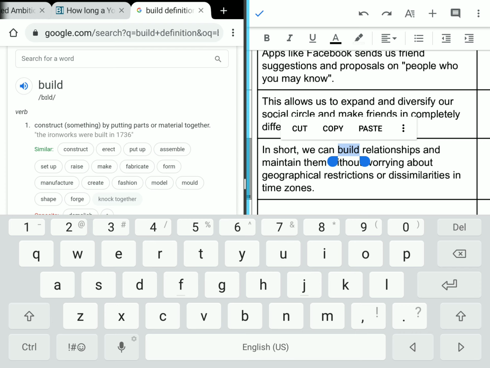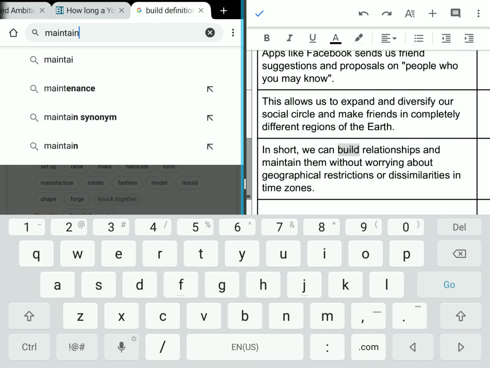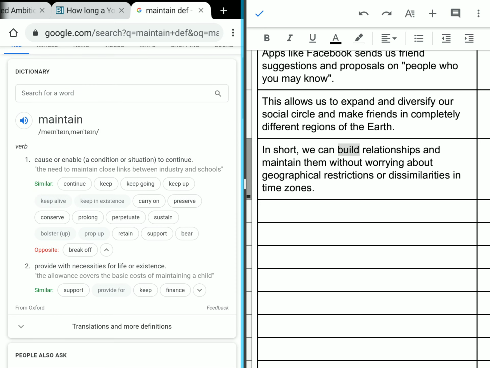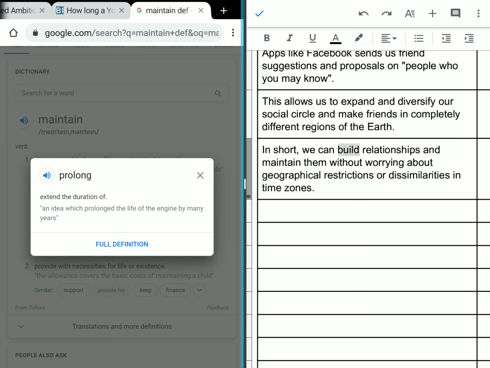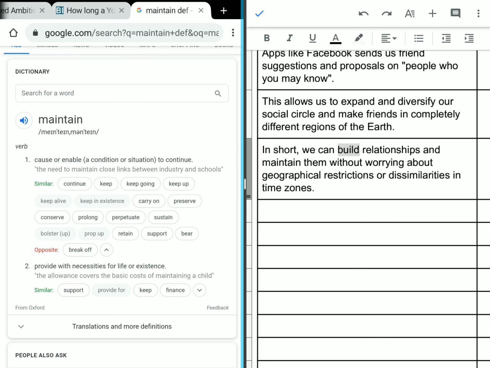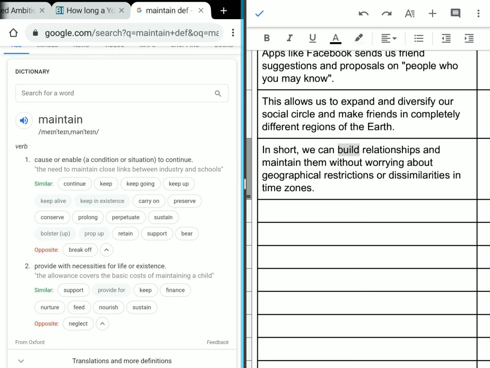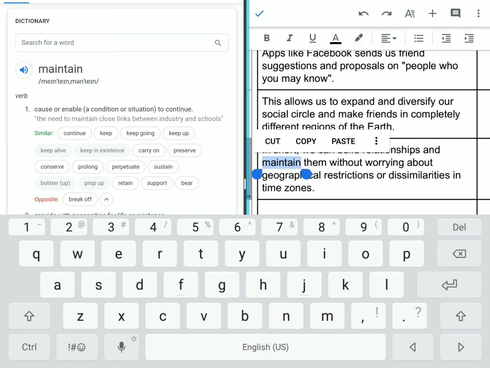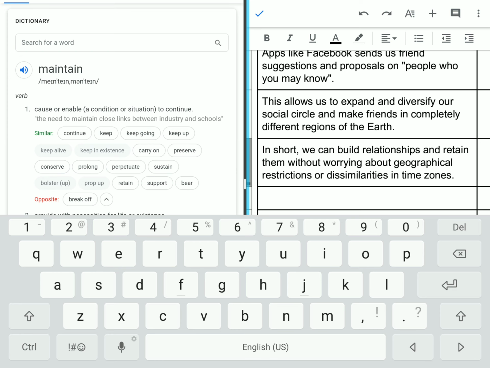I don't really like to write that way, so I'm just going to change maintain. Definition. Maintain could be prolong or conserve or retain. So I would use and sustain or retain. I would use retain because it sounds more natural to me.